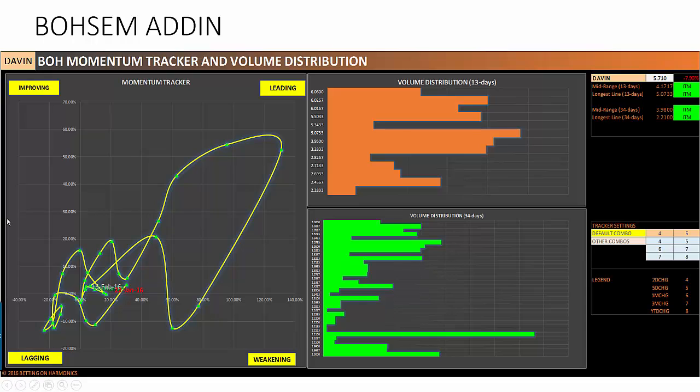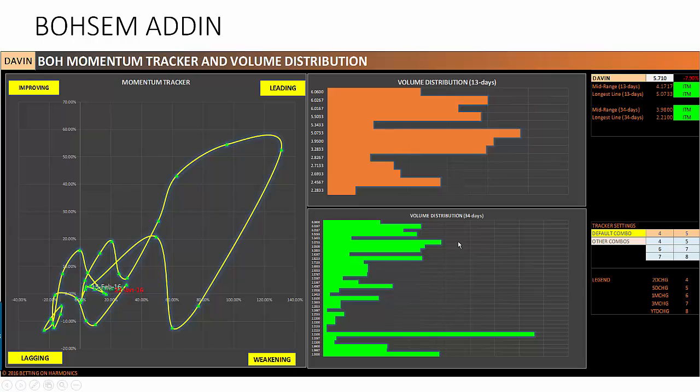In this scatter plot, we're measuring the time series evolution of momentum. So this is again a different way of analyzing price trends or consolidation or breakouts. Kasi mas nakikita natin kung ano ba yung nangyayari sa kanya over 2 distinct time horizons.